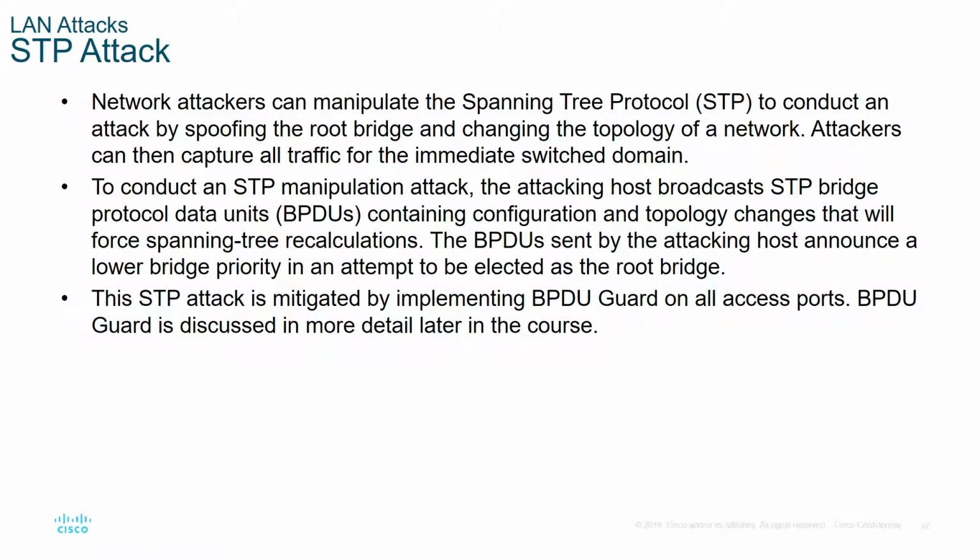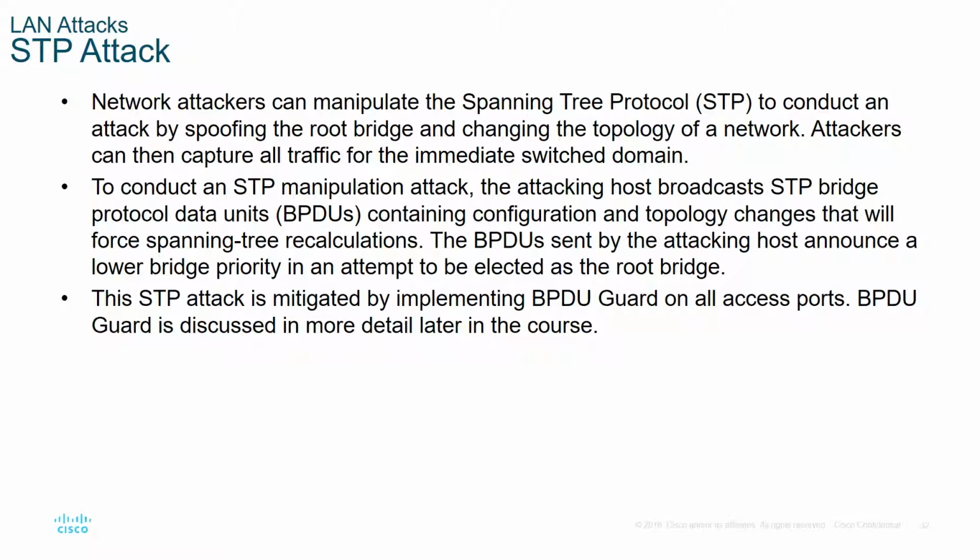Spanning tree protocol attack. Network attackers can manipulate the spanning tree protocol to conduct an attack by spoofing the root bridge and changing the topology of a network. Attackers can then capture all traffic for the immediate switch domain. To conduct an STP manipulation attack, the attacking host broadcasts spanning tree protocol bridge protocol data units, BPDUs, containing configuration and topology changes that will force spanning tree recalculation.